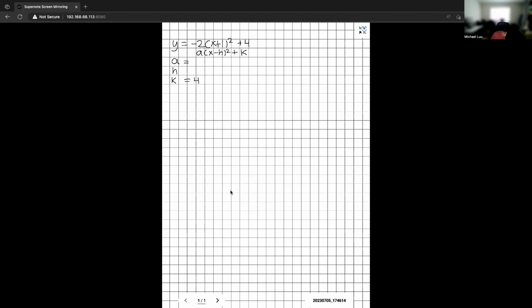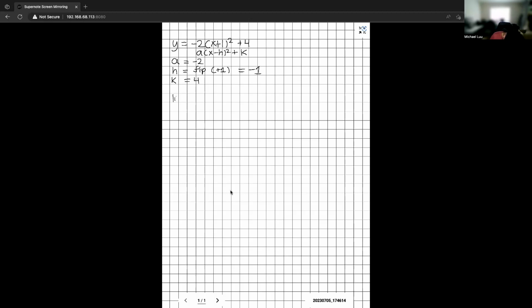a is the same thing. I just look at it. It's just negative 2. So a equals negative 2. And then h is the one that I do flip. Since it says plus 1, I'm going to flip it, which means h is equal to negative 1. So I know what my a, h, and k are.